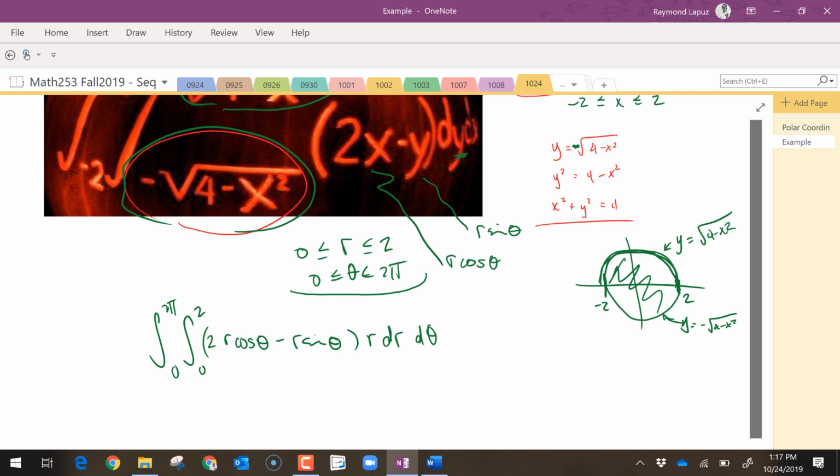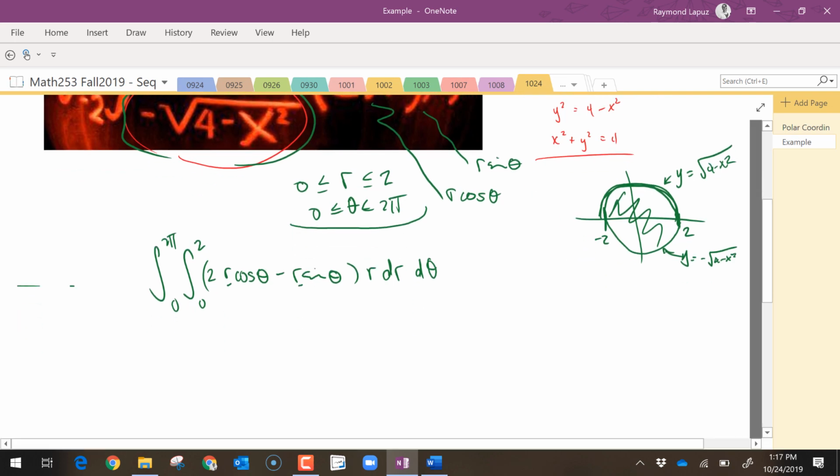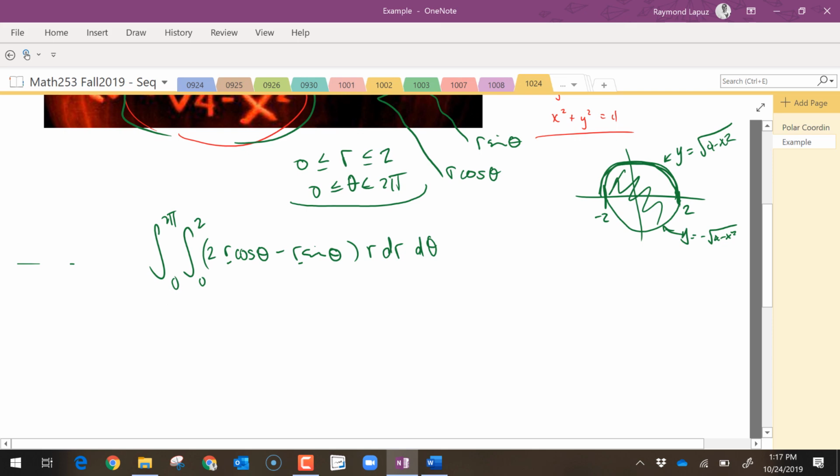So what I'm going to do here is notice that r is a common factor, and I'm going to factor that out. And so I would have an integral from 0 to 2 pi, integral from 0 to 2 of r, and then I have 2 cosine theta minus sine theta after the r's are taken out. Oh, there's an extra r here, so let's just square that.